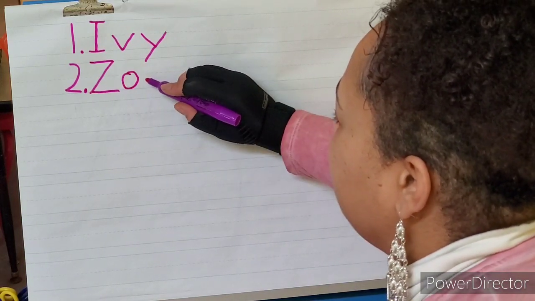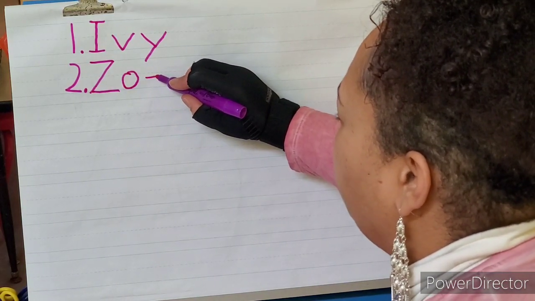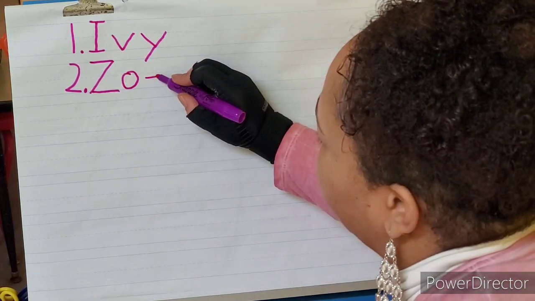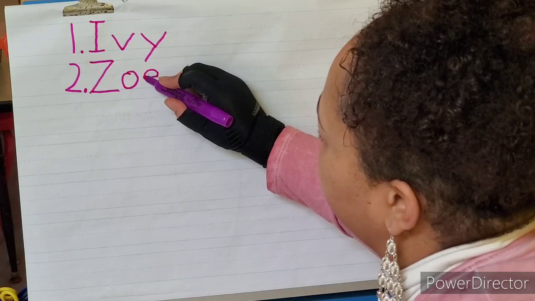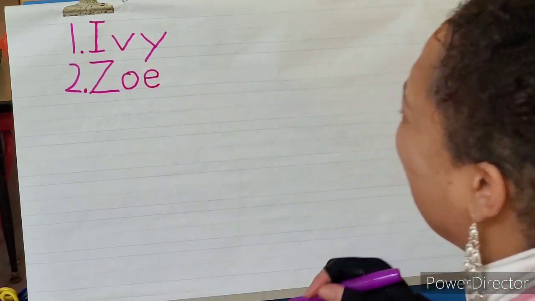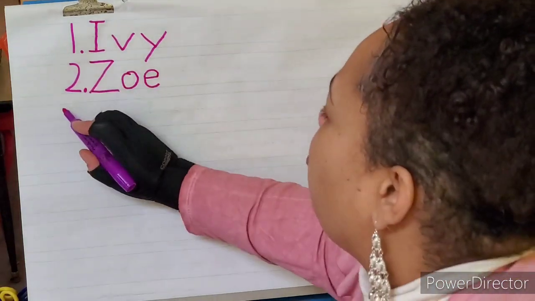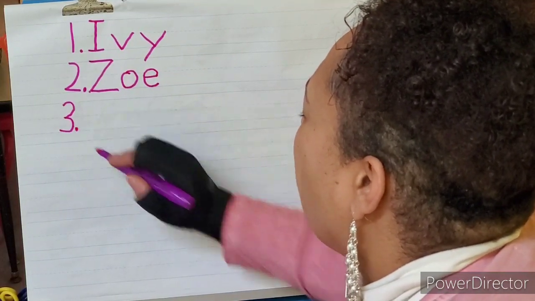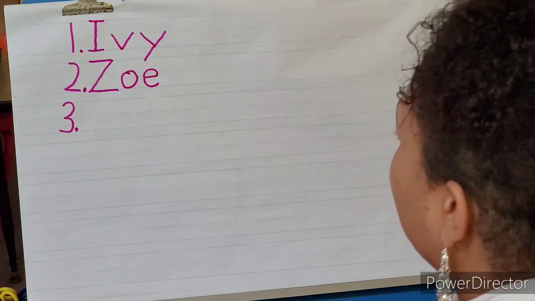For the letter E, Miss Bratton likes to start with a short horizontal line. Then I like to make a circle around it. For the letter E, what friend's name did we write, friends? Zoe. Let's move on to friend number 3.